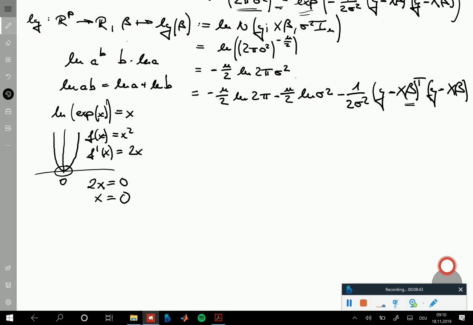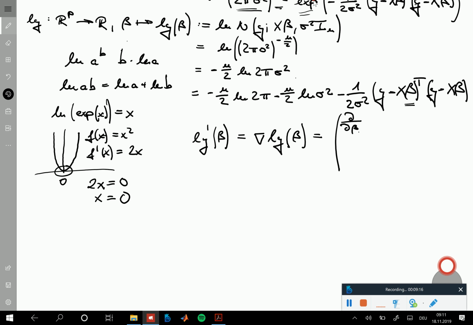The essential generalization that you need to make here for the beta vector is that if you want the derivative of the log likelihood function at location beta, that is the gradient of the log likelihood function with respect to beta, and the gradient is the vector of all partial derivatives.